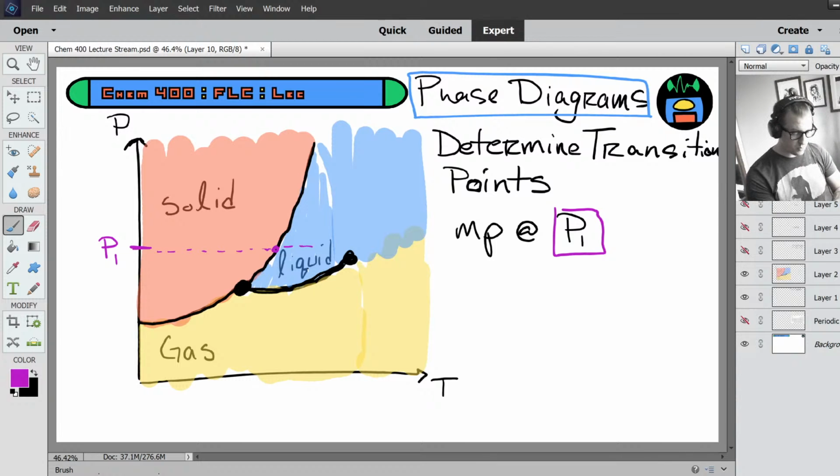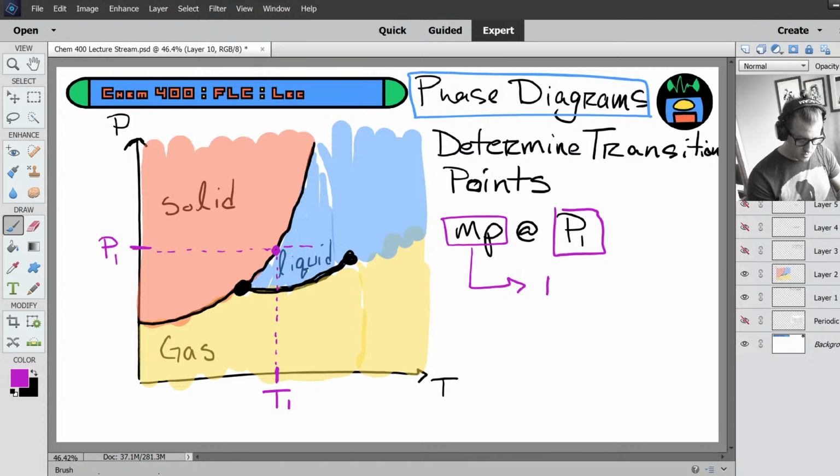For melting, it's the border between solids and liquids. So at P1, that particular substance would melt at T1. So this would have a melting point of T1.